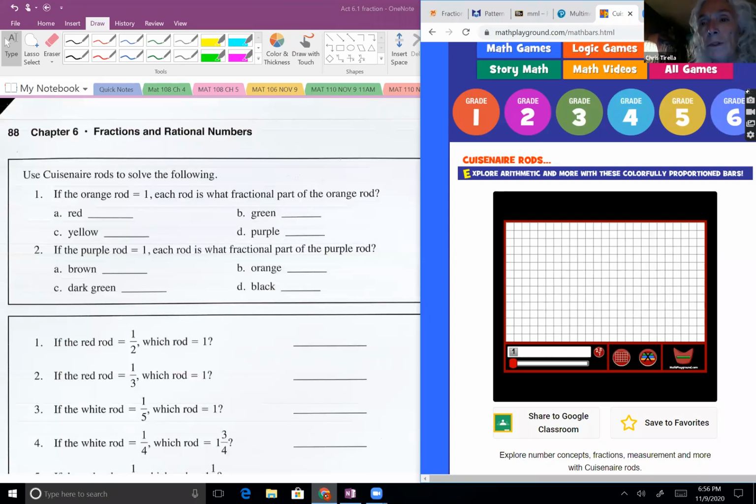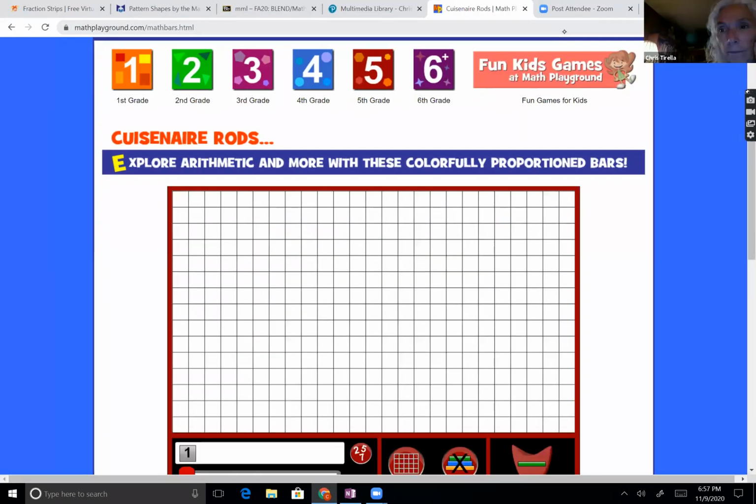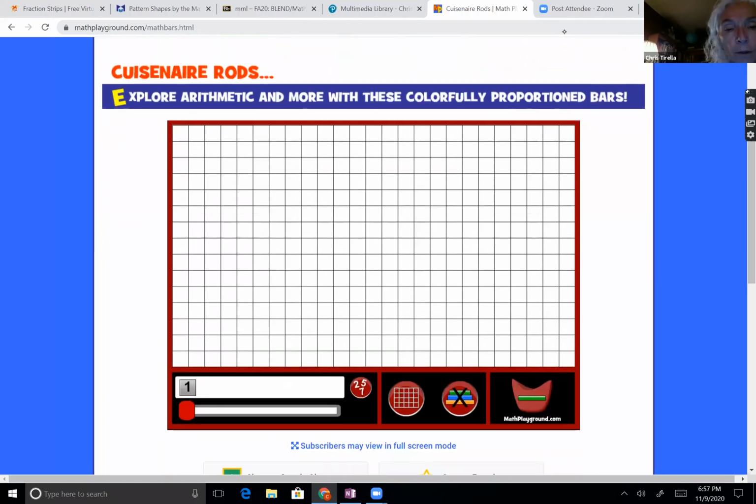Oh, is this the set of them that I wanted? So the number 1 is the white, then the number 2 are the red, the number 3 are the green, the number 4 are the purple, the number 5 are the yellow, the number 6 are the darker green.